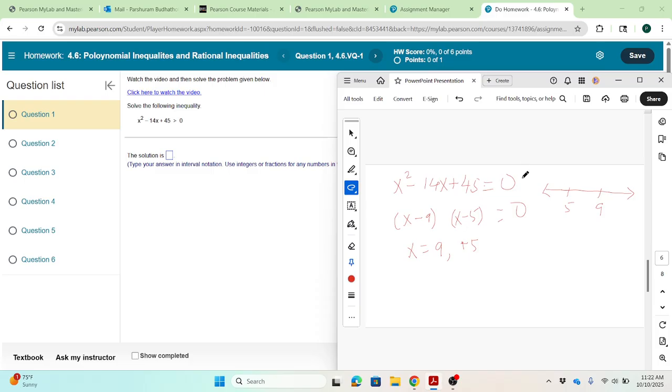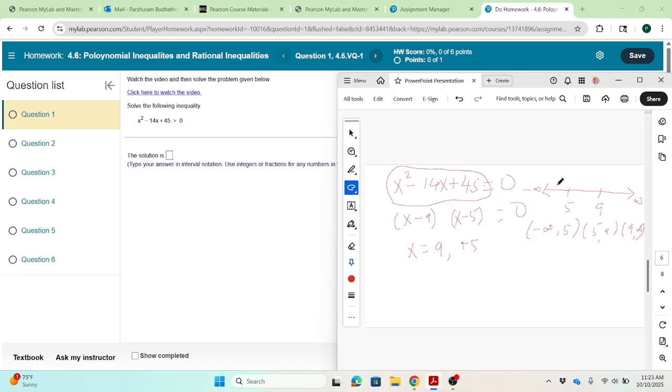For finding the solution of the inequality, you divide the real number line into 3 different intervals: -infinity to 5, 5 to 9, and 9 to +infinity. You pick a testing point from each of them and test where this function would be positive. So remember, this is the function.